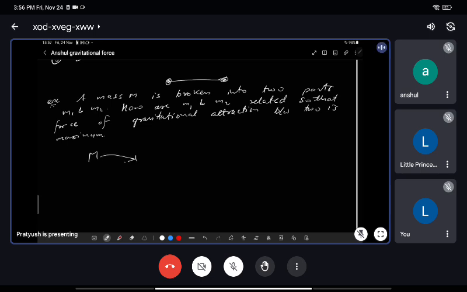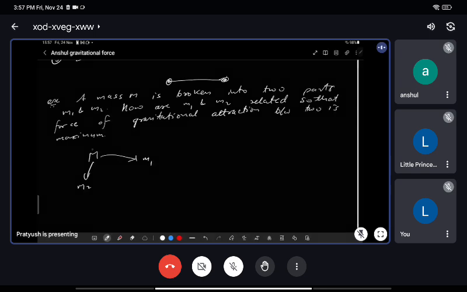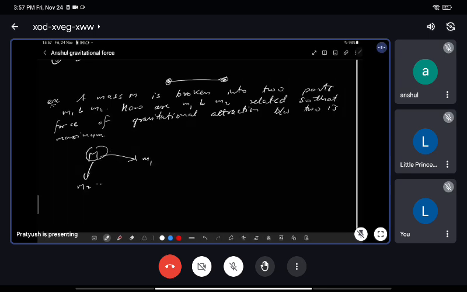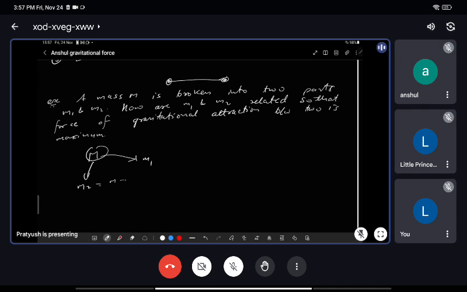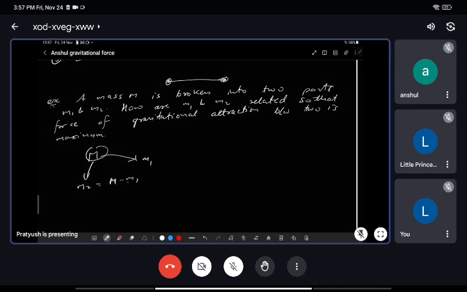From this M mass we made two pieces, M1 and M2. It means automatically if we are taking M1 from M, then this M2 is M minus M1.